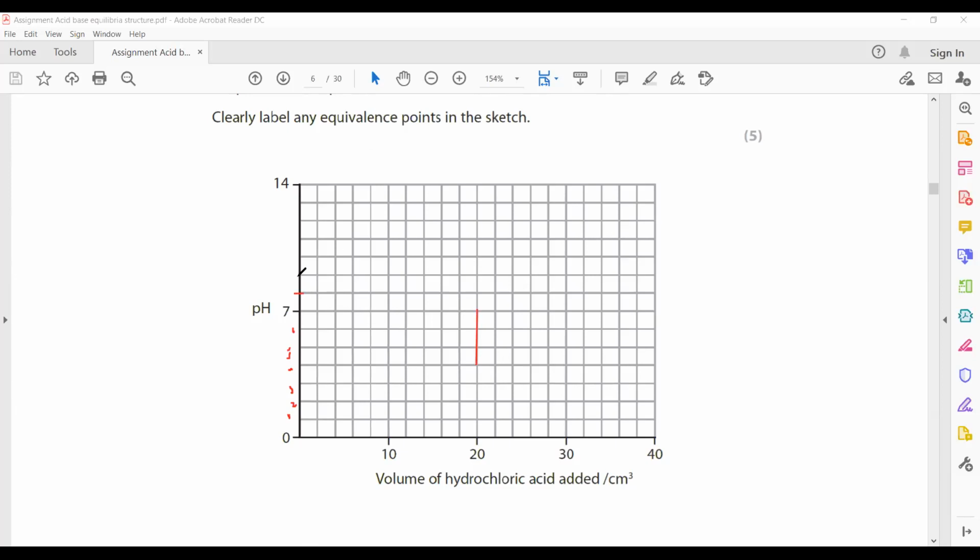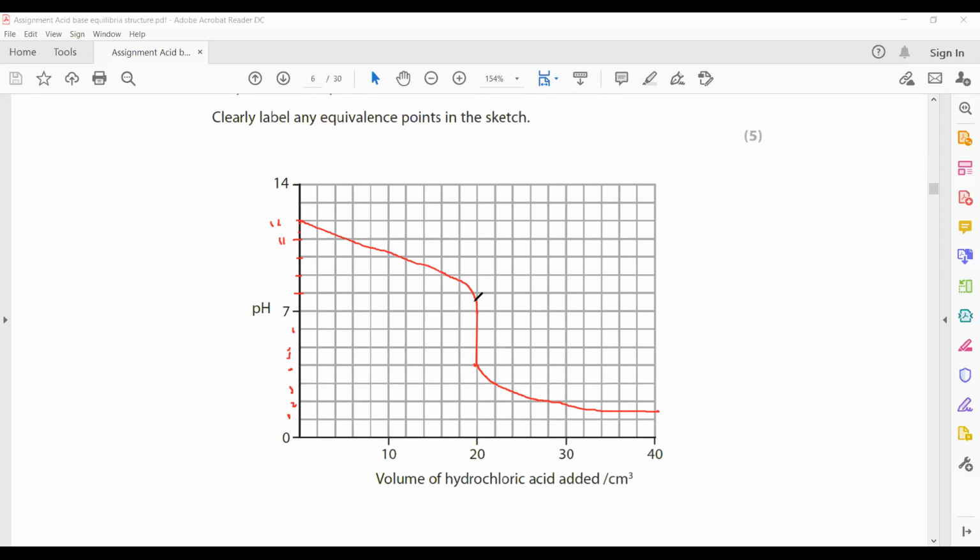So this is 8, 9, 10, 11 and 12. So 11.3 is between 11 and 12. We identify the vertical part and we add an acid. It will continue until the pH is about 1 or 2. And we will complete it like this. So we'll get the answer.